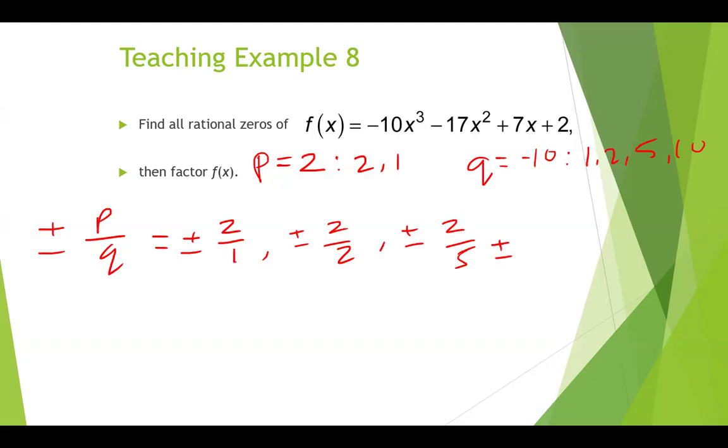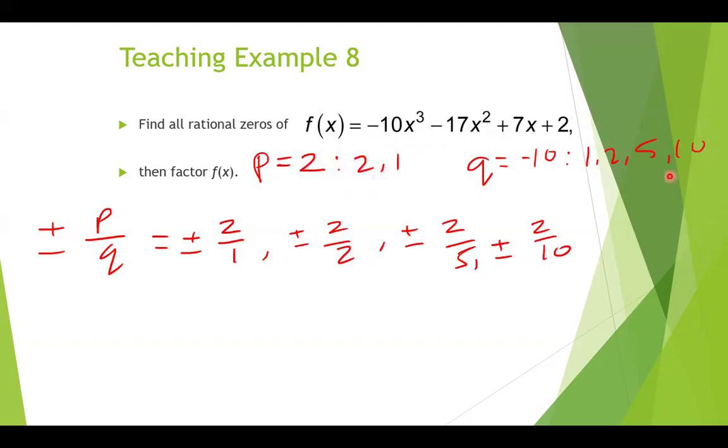Plus or minus 2 over 10. I'm writing them all out just for the sake of it, and we'll reduce when done. But I wanted you to see that all you're doing is taking the factors of P and dividing them by the factors of Q. Did you see how we did that? 2 over 1, 2 over 2, 2 over 5, 2 over 10.